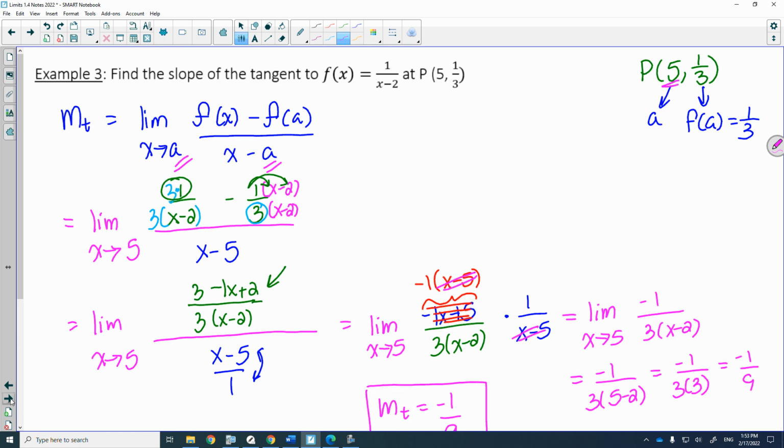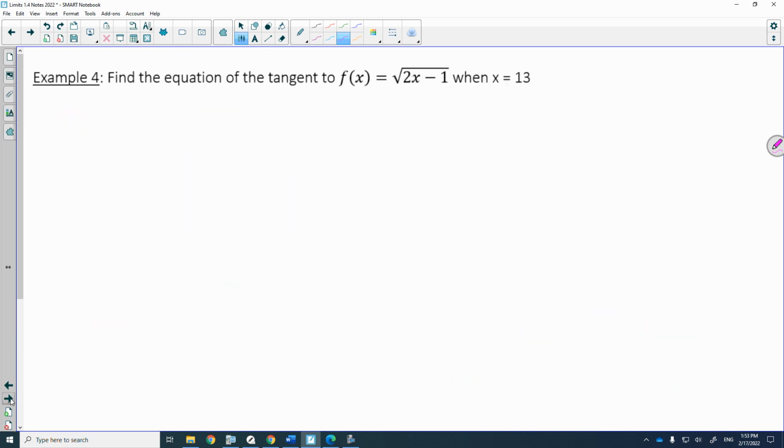Okay, last one, we're going to be applying Formula 1. So here's an example of, again, it gives us our function. Okay, so on the curve of this function, they want us to find the tangent at this point here, but it does not tell us the y-coordinate on that point. So x is 13. We need to find out what y is.